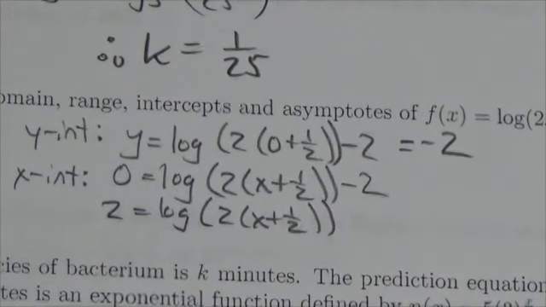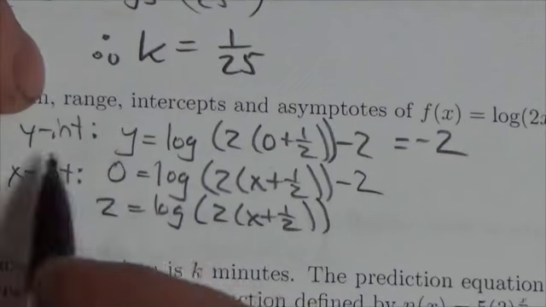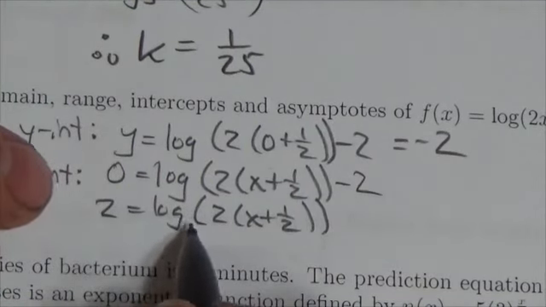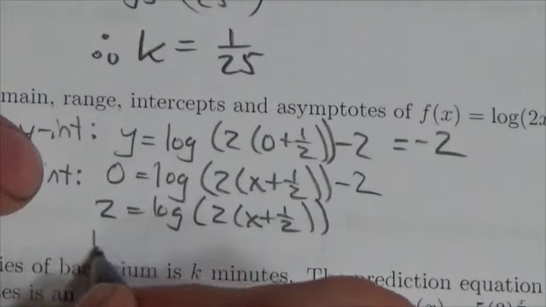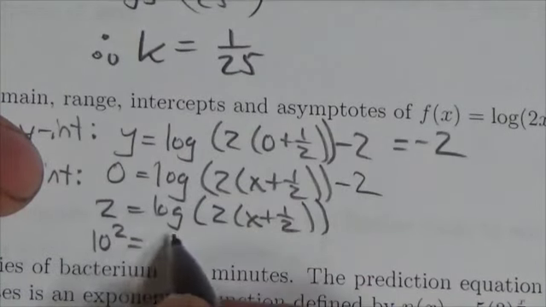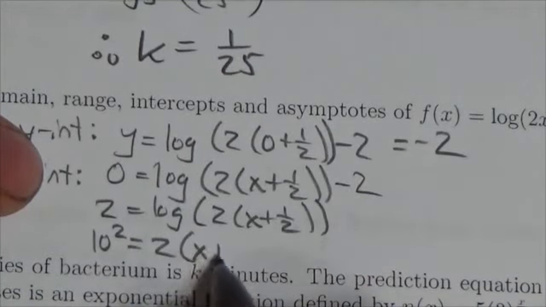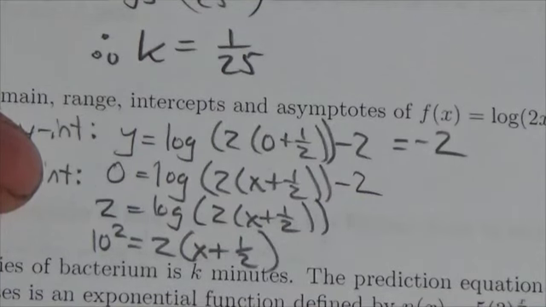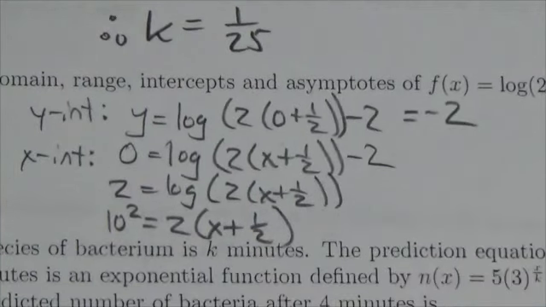Once I've got the log by itself on one side, I want to get rid of the logarithm by converting forms. The base here is 10, so this becomes 10 to the 2 equals 2 times (x plus 1/2). Now all I have to do is solve for x.